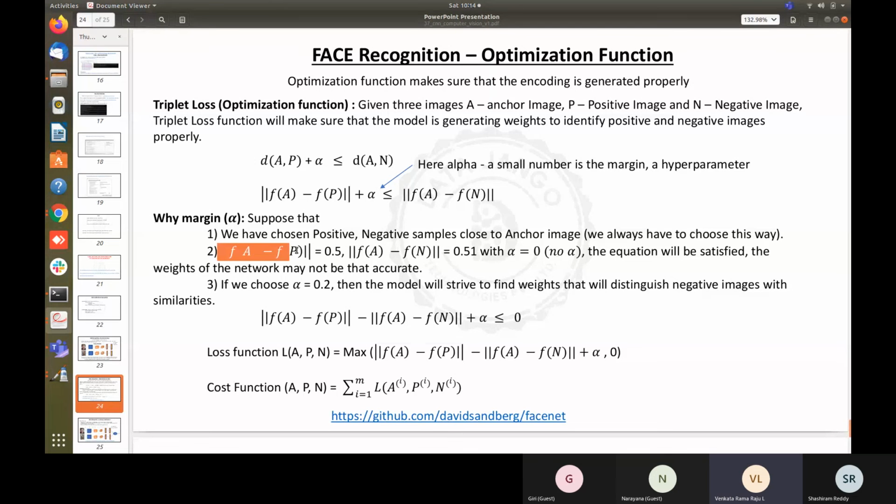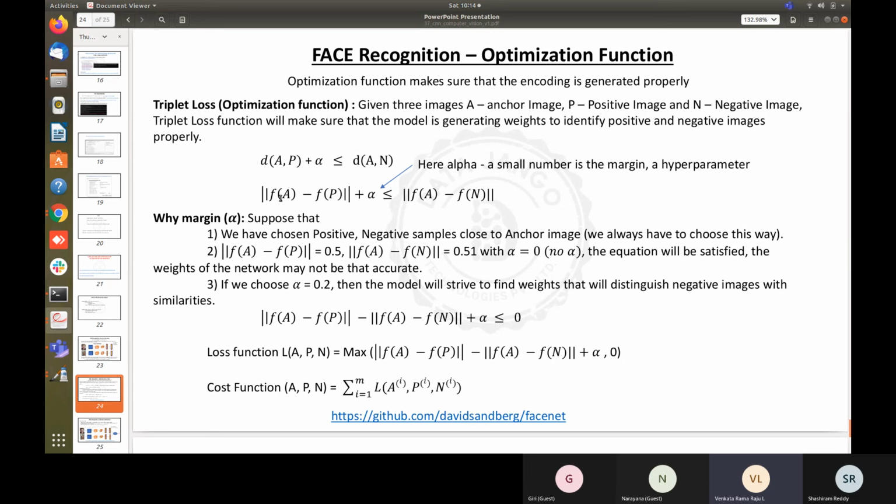Then the Euclidean distance is going to be 0.5 and 0.51. Only a 0.01 difference. If alpha is equal to 0, the network will learn. But if you put alpha as 0.2, it will strive a little more, because adding 0.2 to the 0.5 is going to be 0.52.